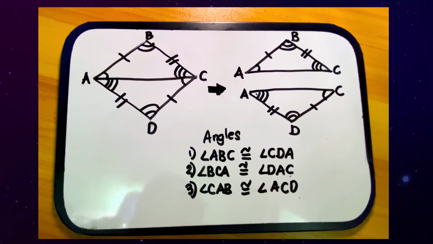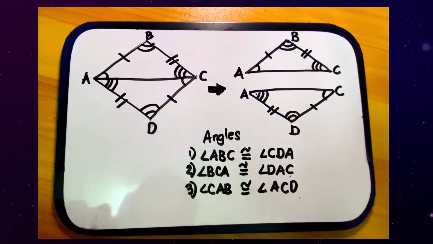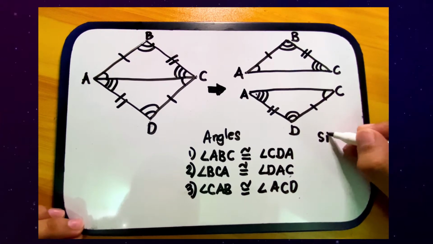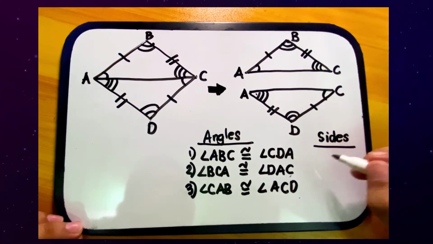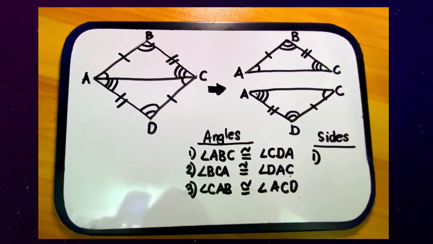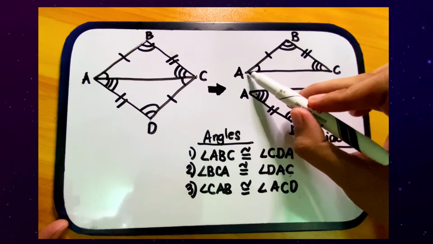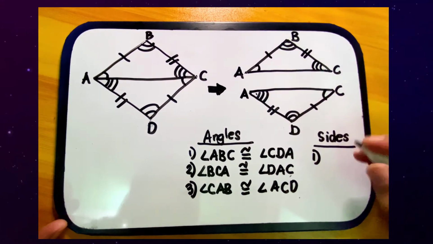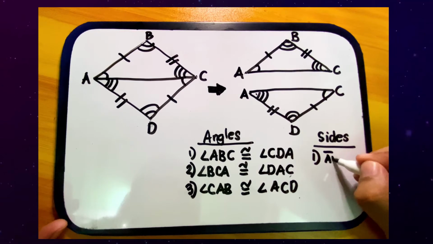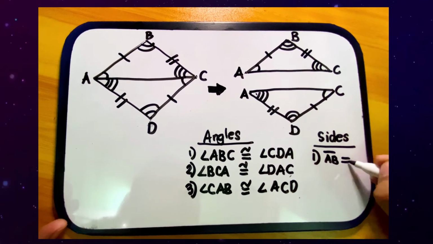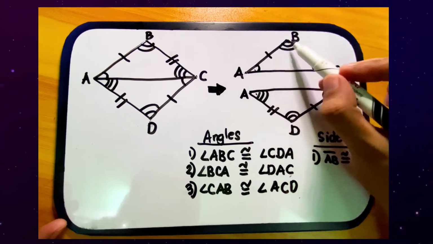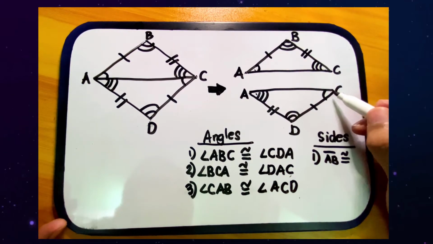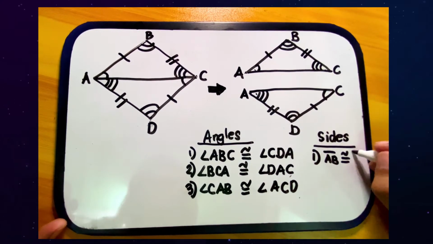Okay, so in the sides, for the first pair here, you can write side AB is congruent to, so side AB, so 1 2, so side AB here, CD.